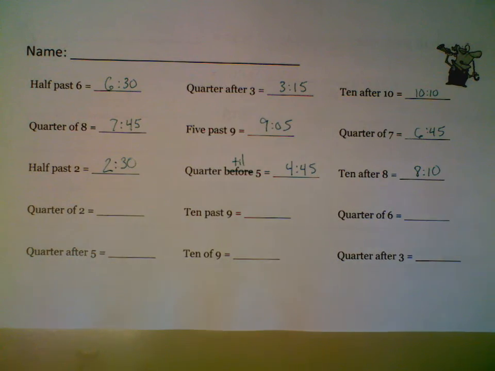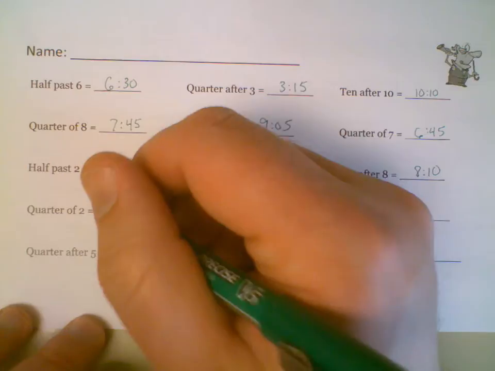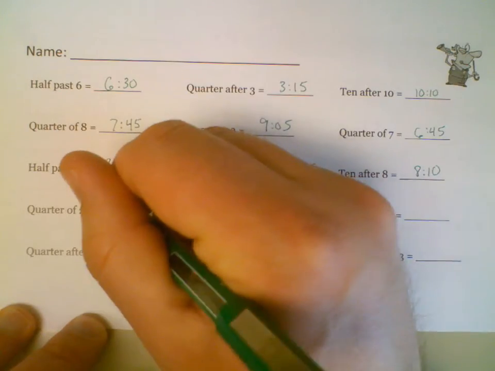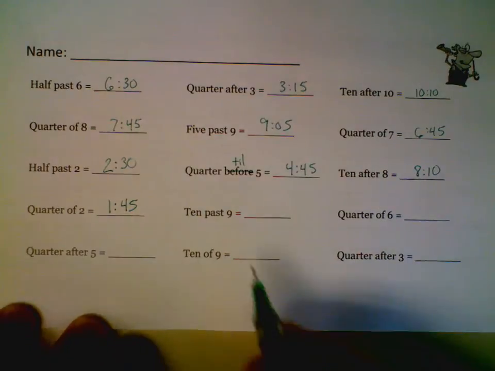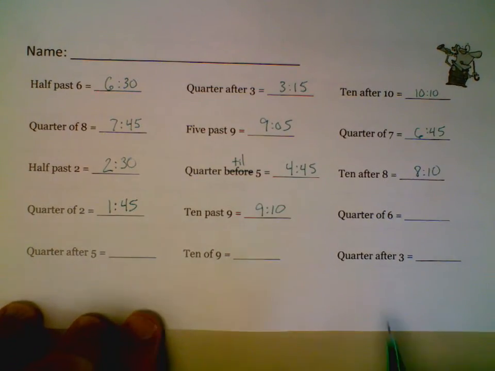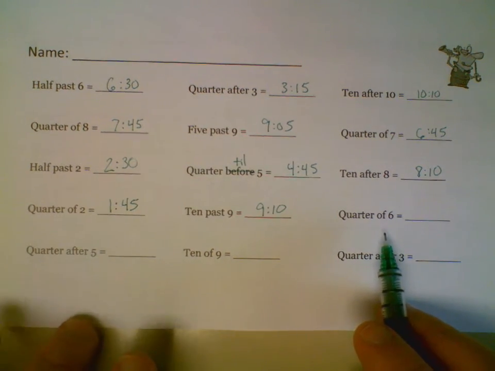Quarter of 2 or quarter till 2. So it's not 2. It's still 1. 1:45. 10 past 9. You got the hang of this. 9:10. Quarter of 6. Think about that a second.